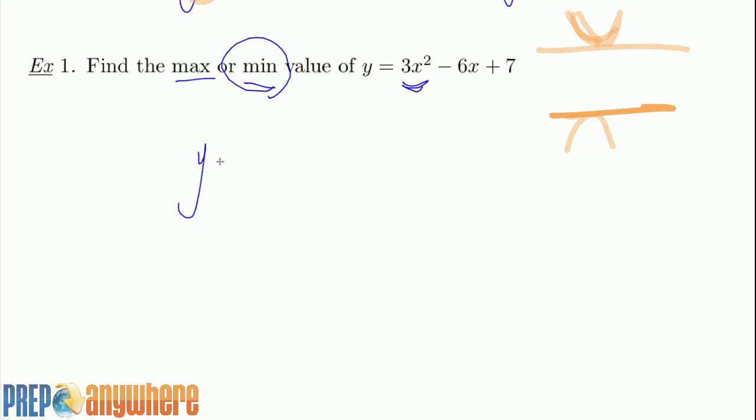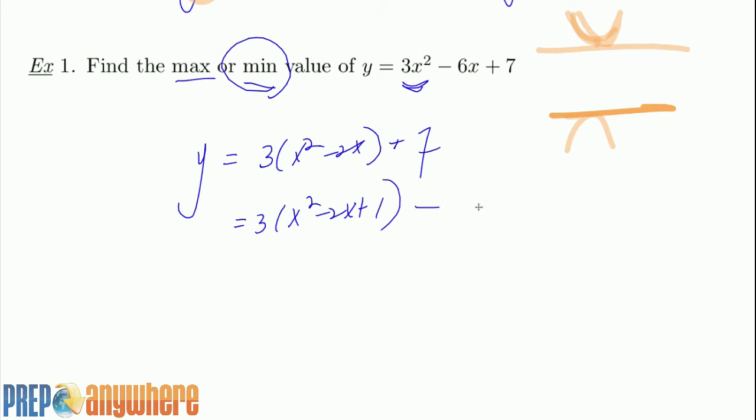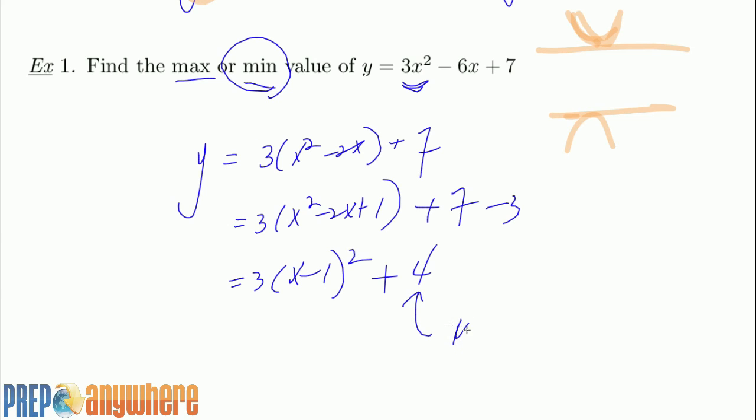So once you establish that, you complete the square. And you know that that's going to be the minimum value when x is equal to 1, which makes this part right here 0.